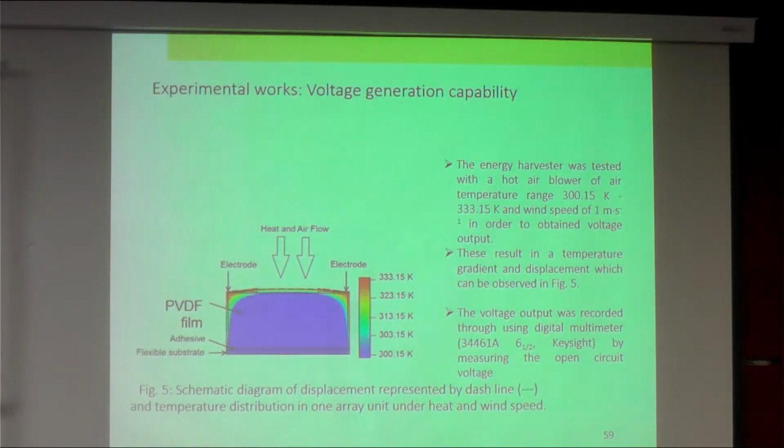So some voltage generated, using simulation. We can see that if we apply hot air to the system, then the PVDF responds to the temperature, and you can harvest electricity, as well as respond to the strain by the flowing air, the force, and you can harvest electricity as well.